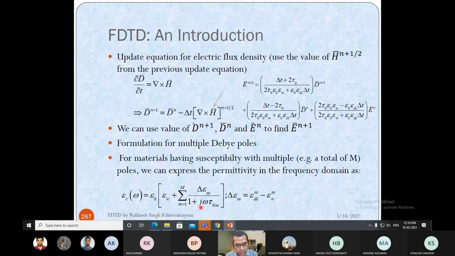Because of having multiple dipoles, we'll have many of them. So you can sum them up, summation m going from 1 to capital M, delta epsilon m divided by 1 plus j omega tau naught m. Here delta epsilon m is the difference between the epsilon at DC and epsilon at infinity for the resonance we are considering. We are assuming many of them.